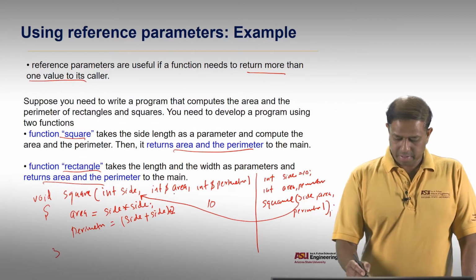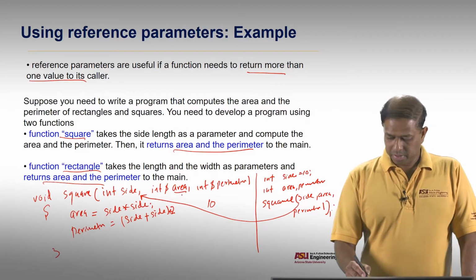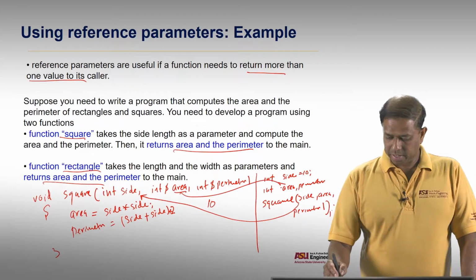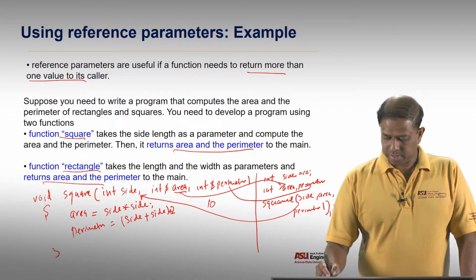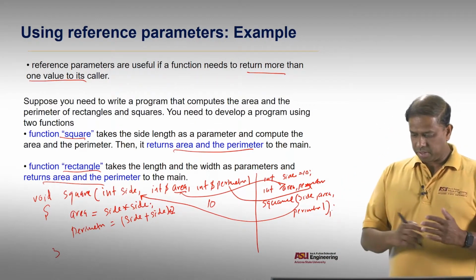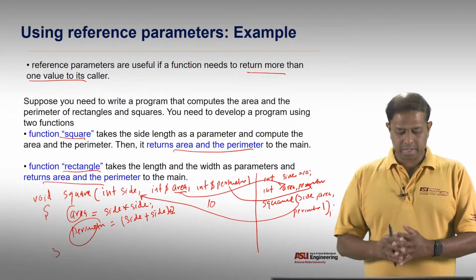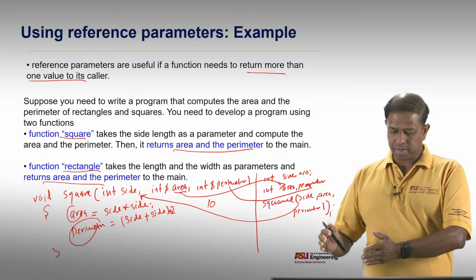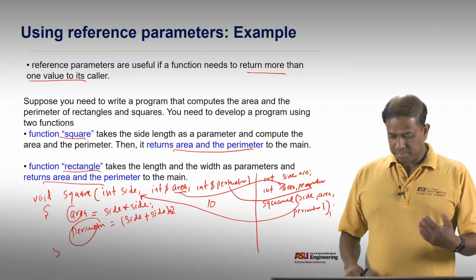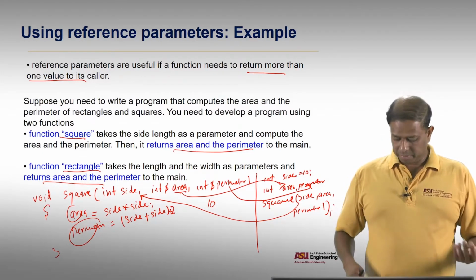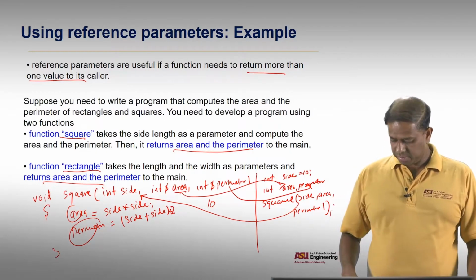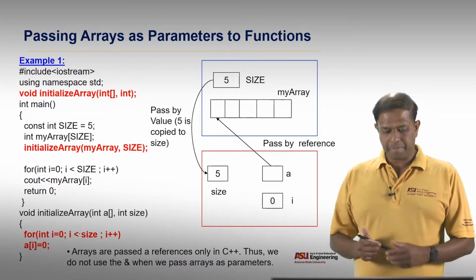So this one will essentially be pointing at this variable, and this one will essentially be pointing at this variable. Therefore whatever changes we do to the area and the perimeter inside the square method will happen in the main, right?